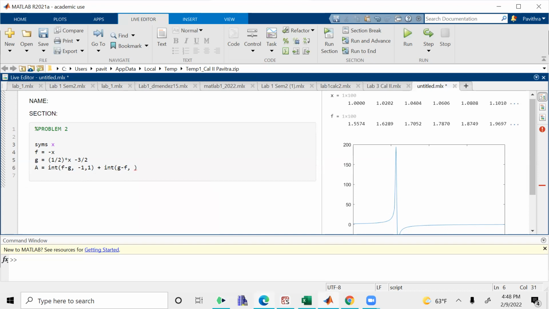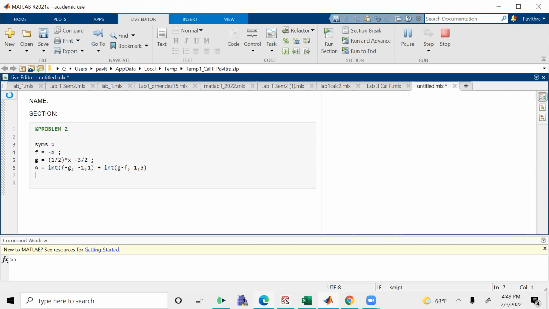And next you are going to put the limit from 1, 3. That's it. Okay, I will just make this not visible in the output. Okay. Control enter. There you go. That's your answer, A equal to 6.